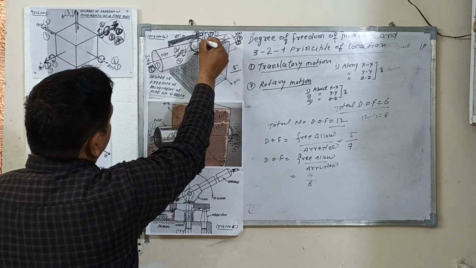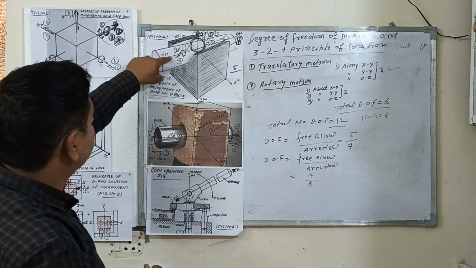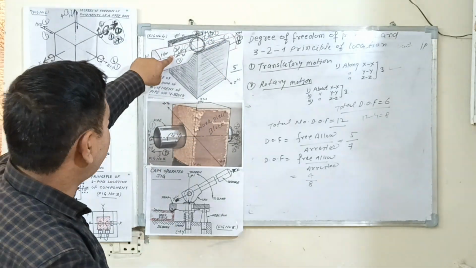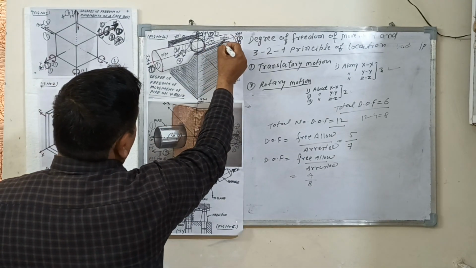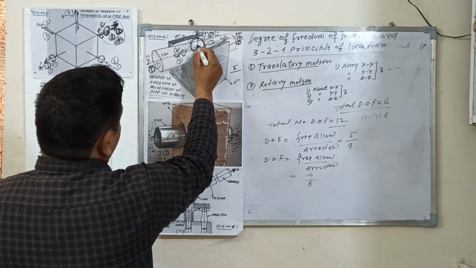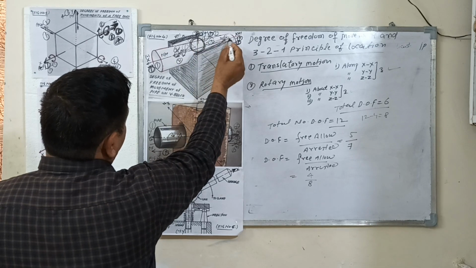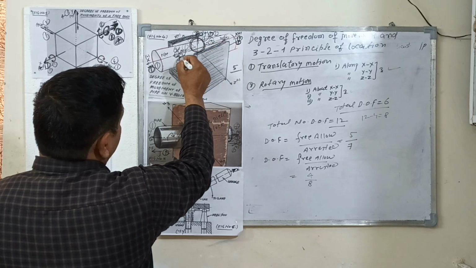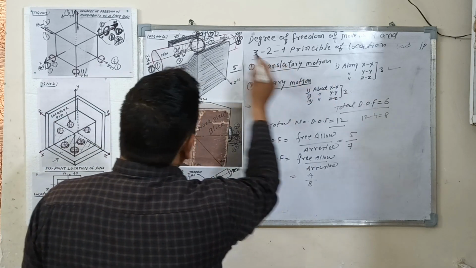The ball is used on a V block instead of a circular pipe. The ball can be moved along the x-axis, along the y-axis, and along the y-axis positively. So 1, 2 and 3 are the translatory motion degrees of freedom.